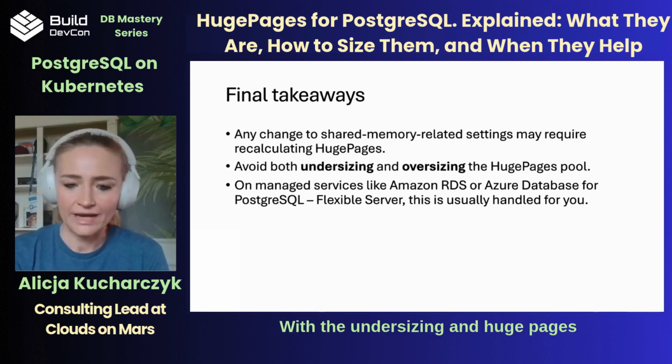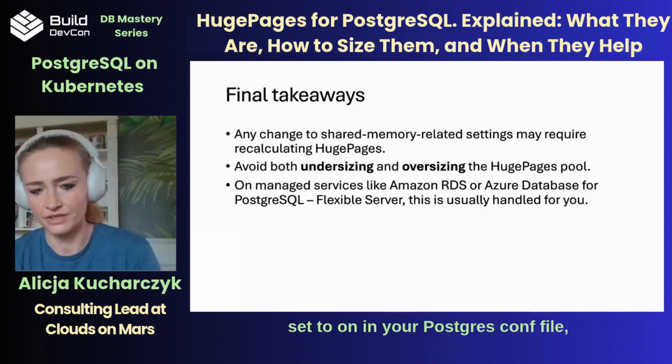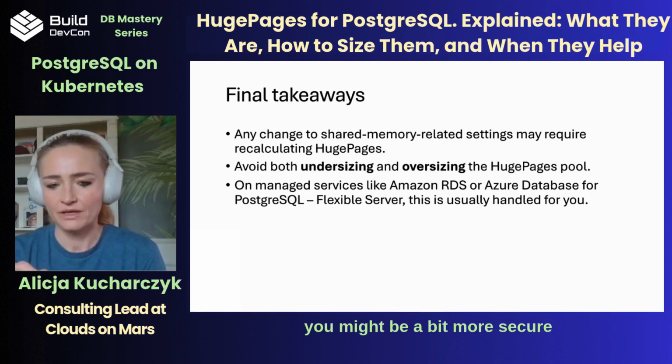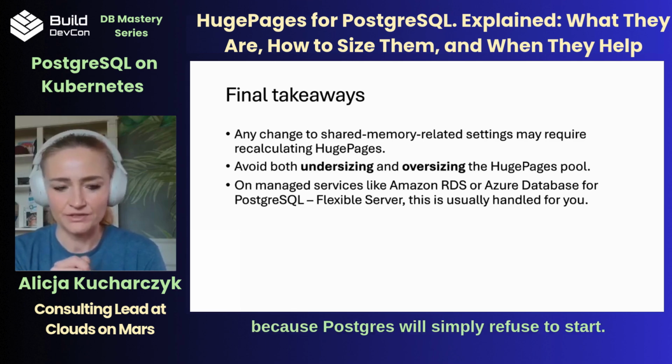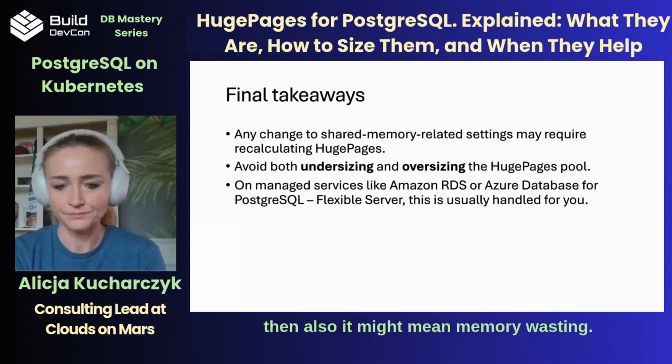With undersizing and huge_pages set to on in your postgresql.conf file, you might be a bit more secure, because Postgres will simply refuse to start. But if you oversize the HugePages pool, it might also mean wasting memory.